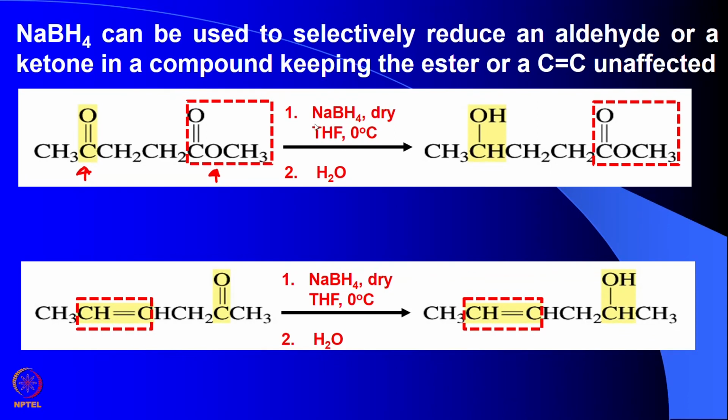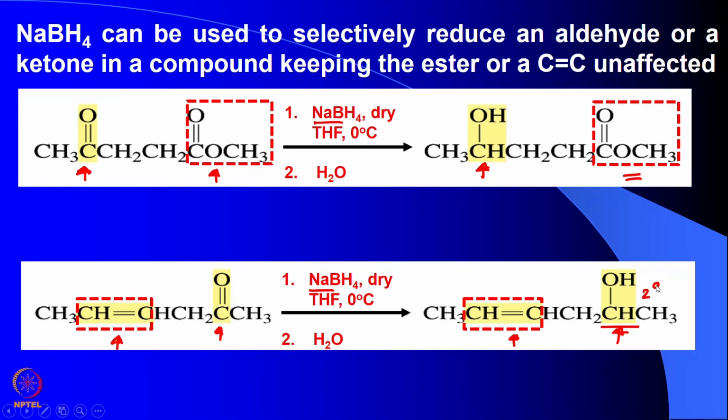If we use sodium borohydride, it will reduce this ketone to alcohol, but the ester will remain unaltered. Similarly, if we have a C=C double bond in the molecule and a ketone, sodium borohydride will keep this group unaltered, but it will change the ketone to a 2 degree alcohol.